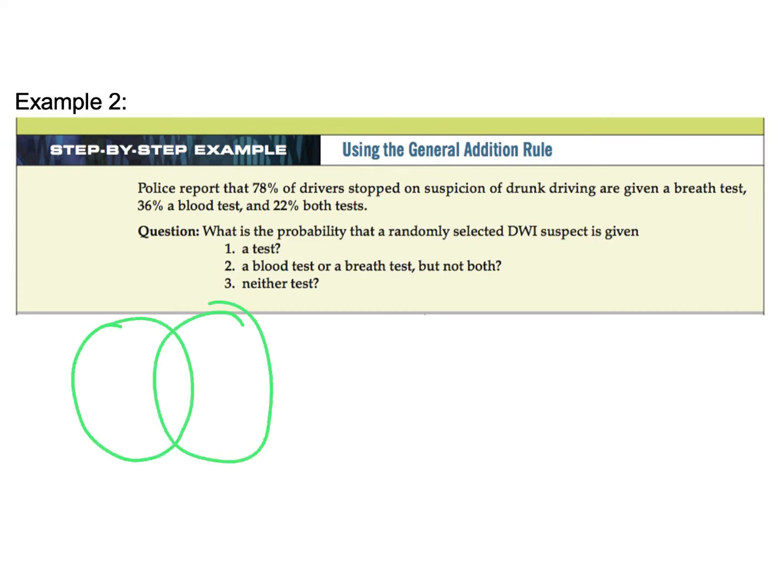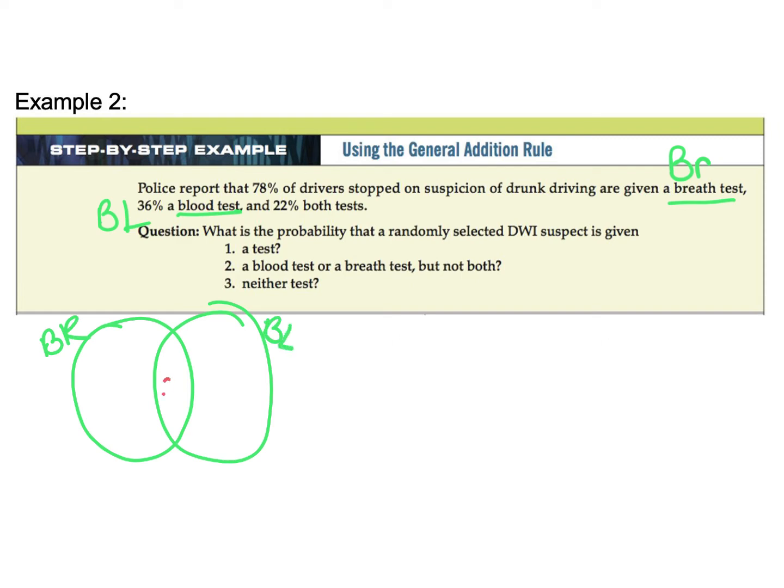It becomes clearer. So let's say breath test, my notation for that will be BR, and blood test, I'm going to use BL. And so this one over here, BR, this one BL. Start in the middle.